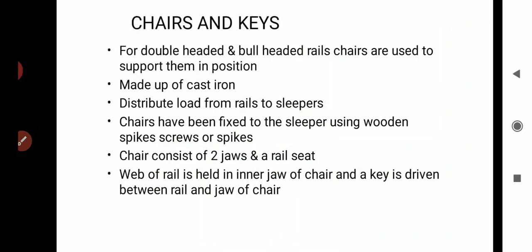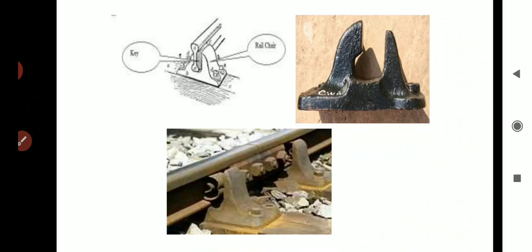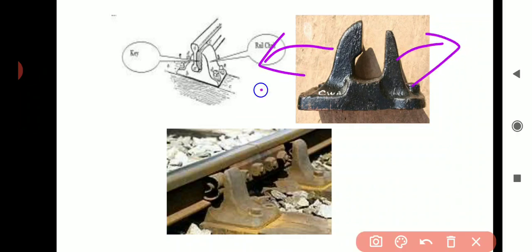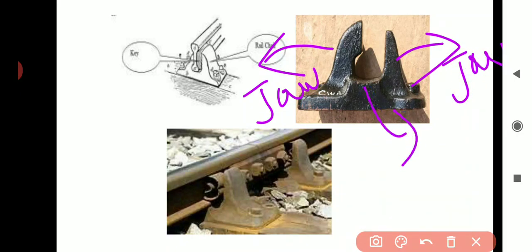Generally chairs are used to keep the rails in proper position, and they are connected with the wooden sleepers with the help of wooden spikes or screw spikes. The chair consists of two jaws and a rail seat, as I have already discussed.